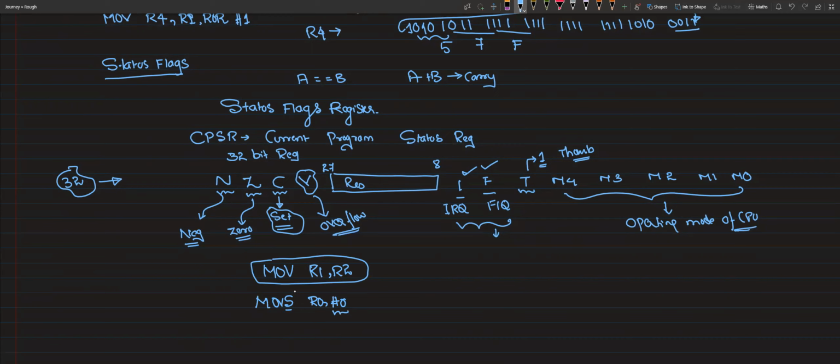Here MOVS means we have to move this 0 to R0 by updating the status flag. If this number was negative, the negative flag would have been set. Since the number is 0, the zero flag will be set. If the number is positive, which flag will be updated? No flag will be updated. Positive is generally understood, so only if it is negative is it a concern for us. We have to handle it carefully.